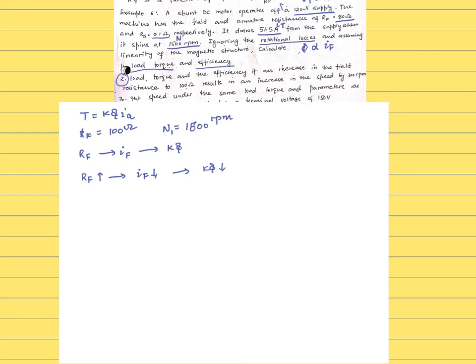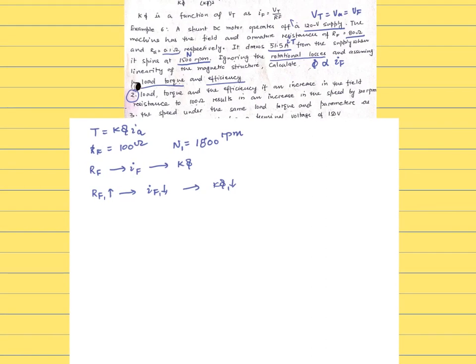So we're going to use the new values as 1. So ultimately where we have to reach is K phi IA. So we need a new value of K phi. We need a new value of IA.